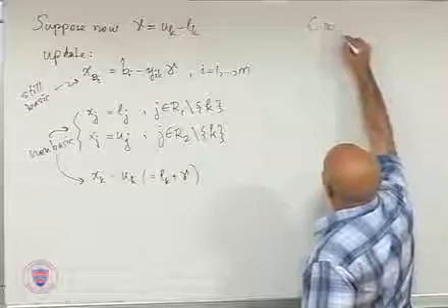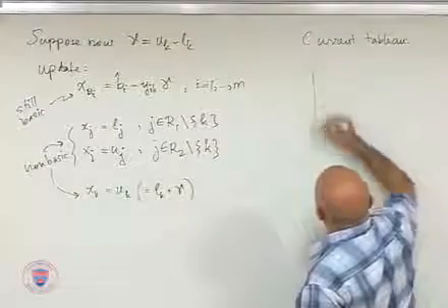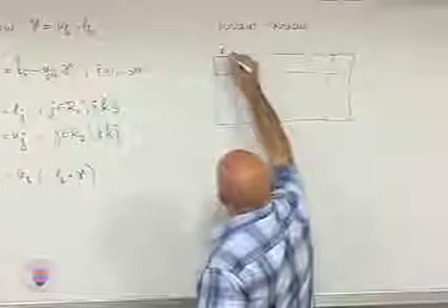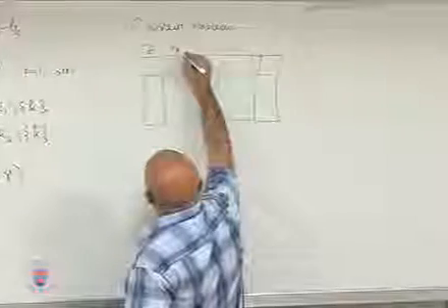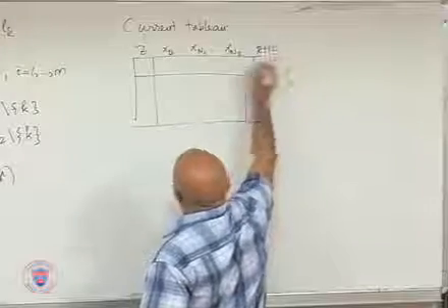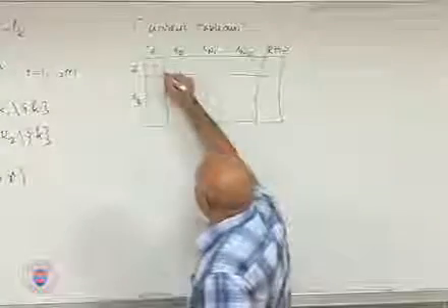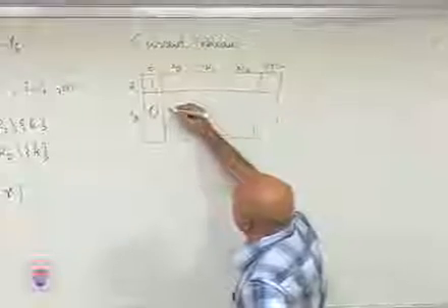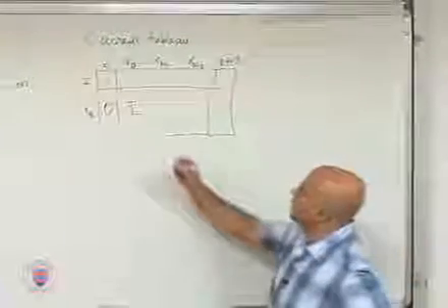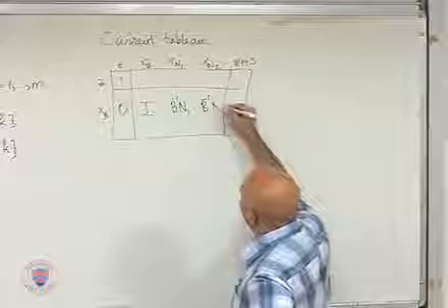How does that reflect into the tableaus? The current tableau for basis B has the following information. You have identity for xb. You have B inverse n1 here, B inverse n2 here.